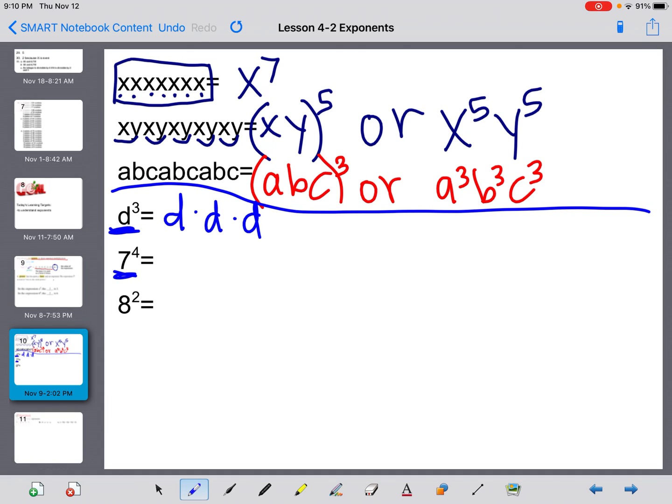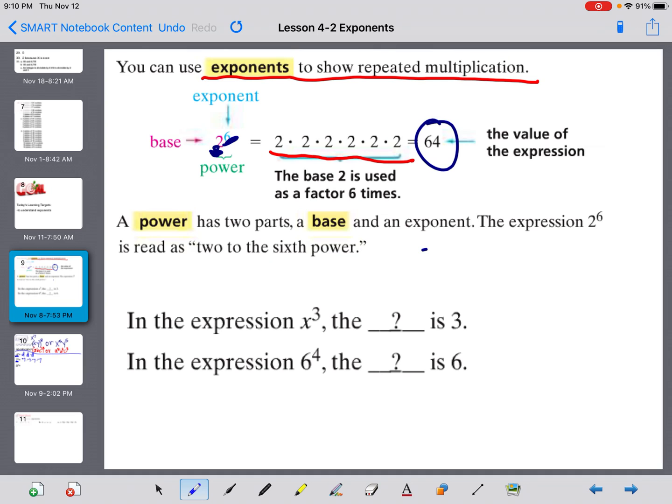Seven to the 4th. What does that mean? 7 times 7 times 7 times 7. Now I want you to go back here and realize, oh, we expanded out 2 to the 6th.